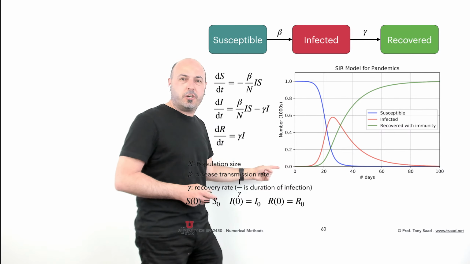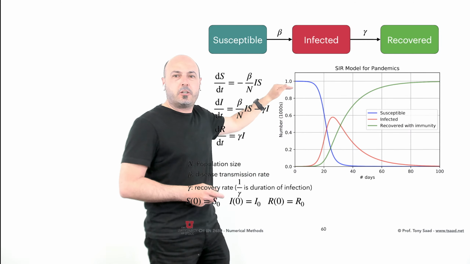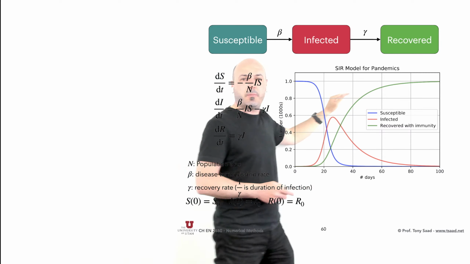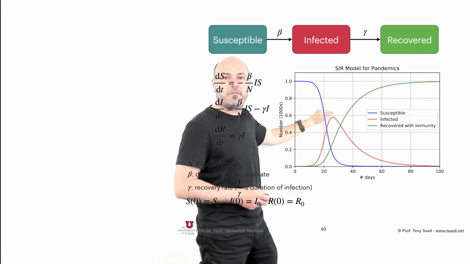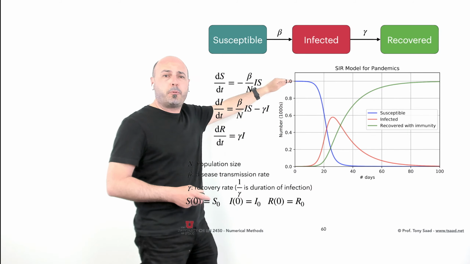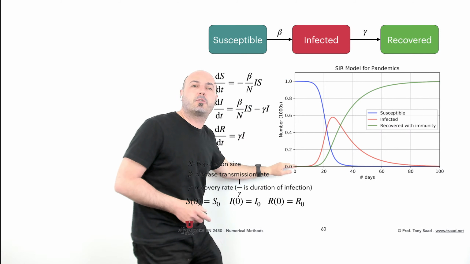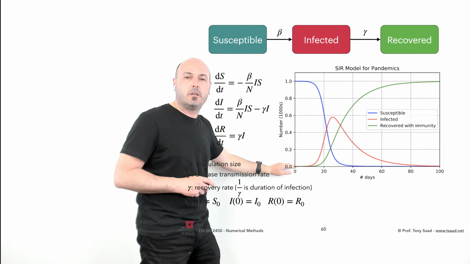Initially, my initial condition for the population was 100% of the population. So the blue is susceptible, red is infected, green is recovered. Okay, so initially, most of the population, 99.9% of the population is susceptible, and we only had one infected person over here, one infected person.